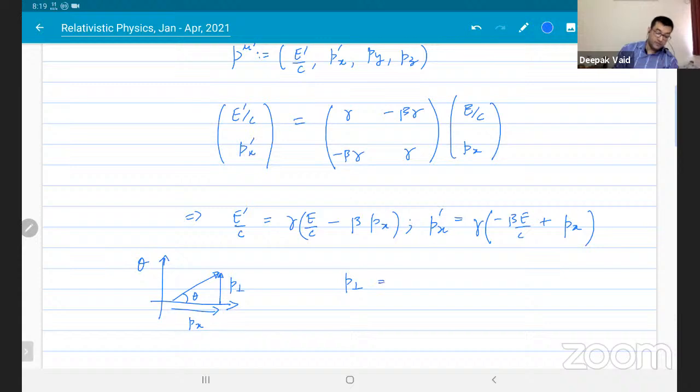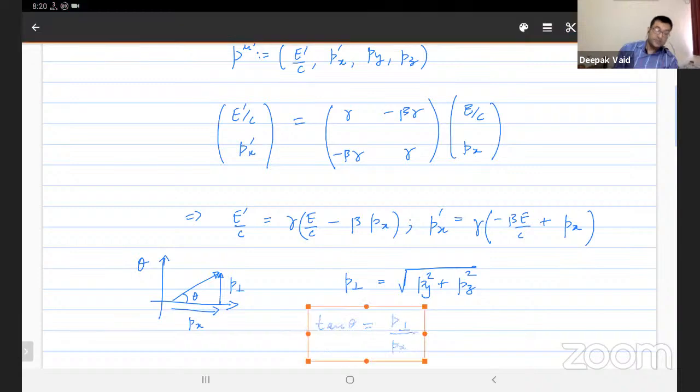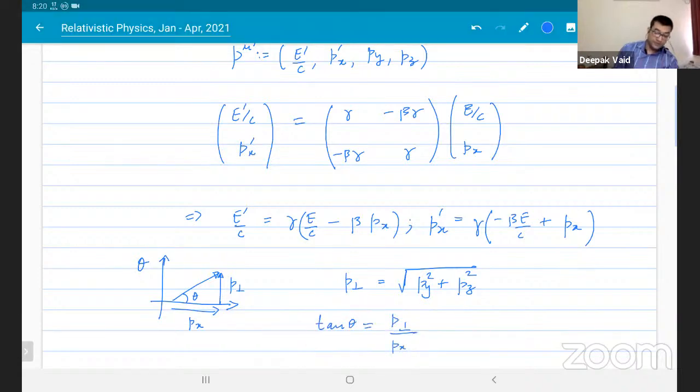So the perpendicular component is what? It's root of py square plus pz square, right? So we would say that tan theta, the apparent angle of the direction of travel of the object, would be given by this expression, p perpendicular by px.